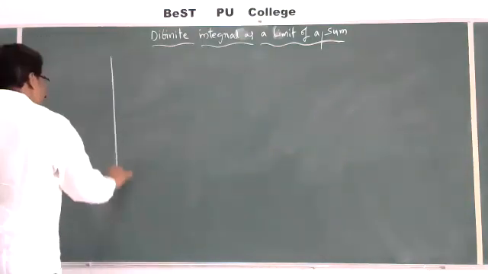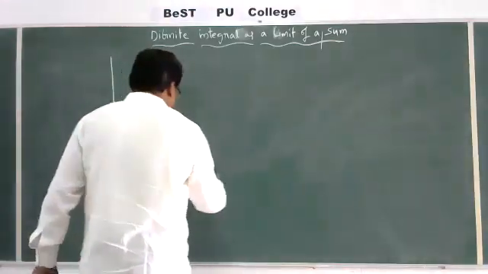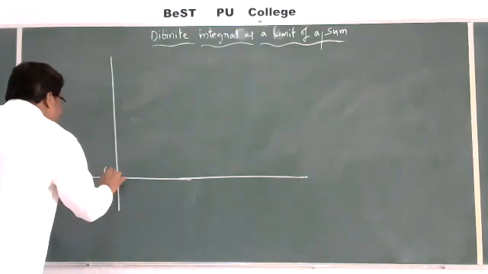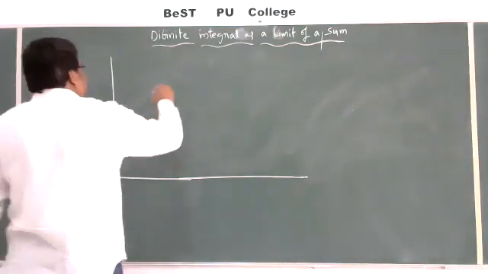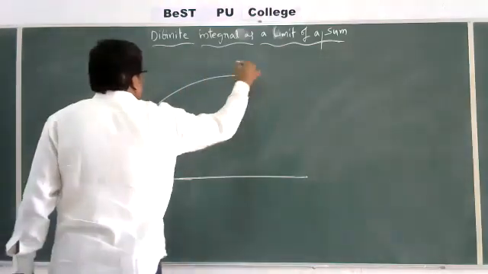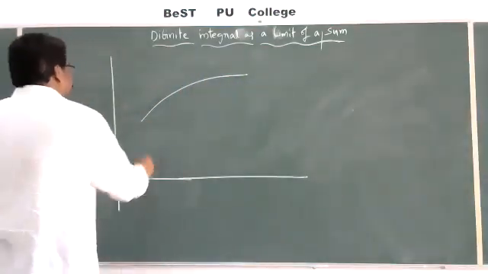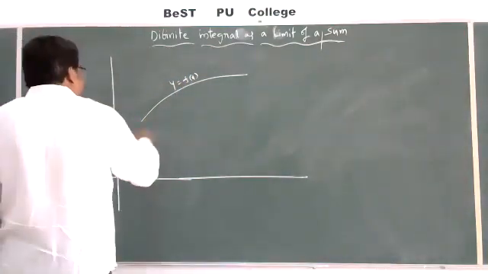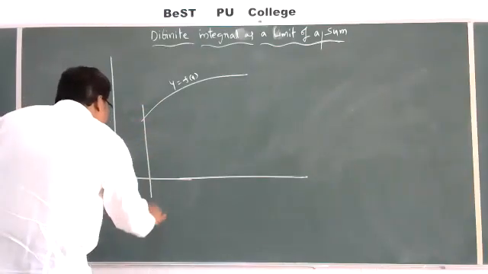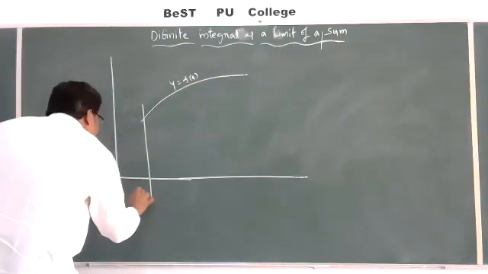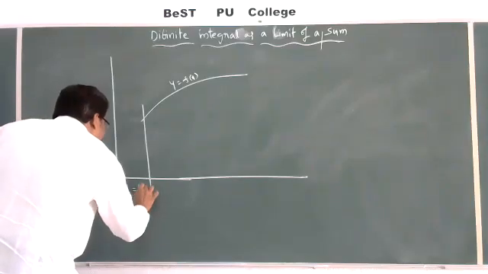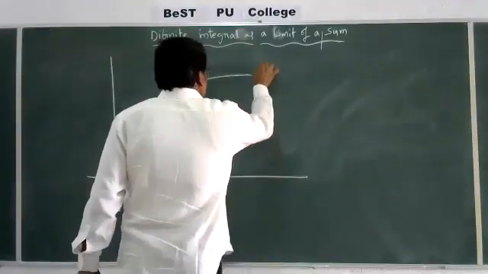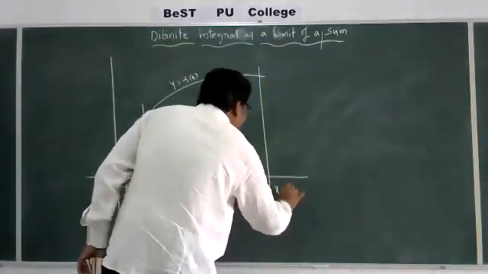So draw this graph, everybody. This is the origin. For example, this is the curve y is equal to f of x. This curve is in between x is equal to a, this is x is equal to a, and this is x is equal to b.